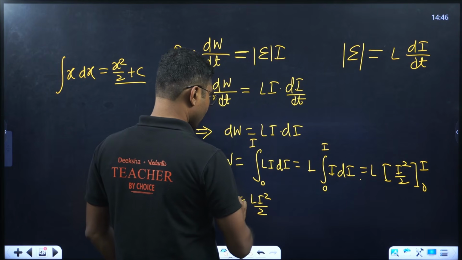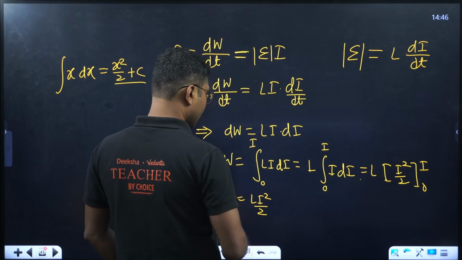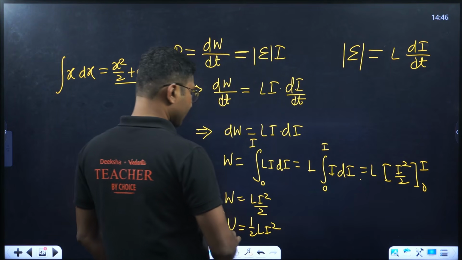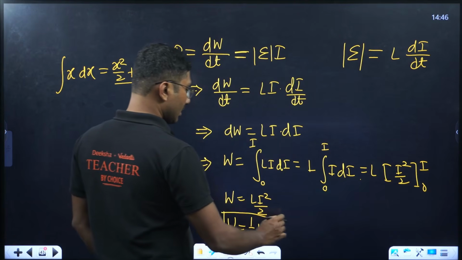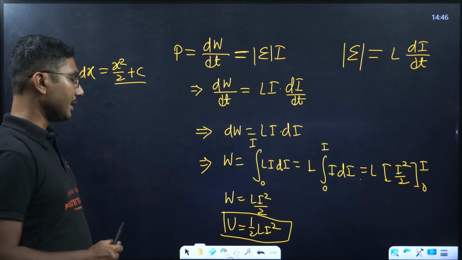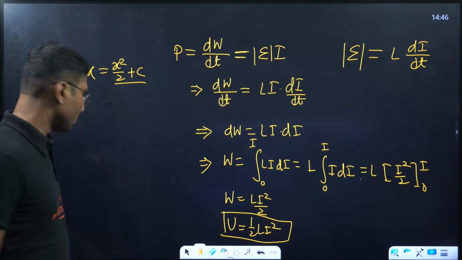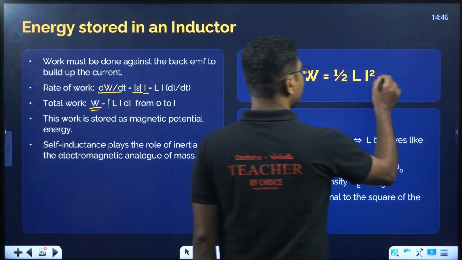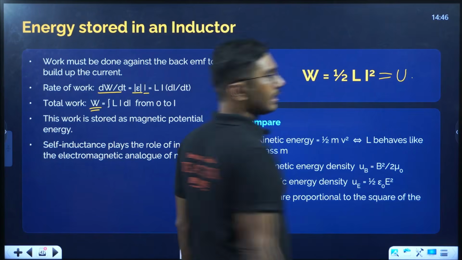This is the derivation of work done. Now work done is stored as the energy. So energy will be half L I square. This is the expression for work done and the energy stored in an inductor. Energy stored in an inductor is half L I square.